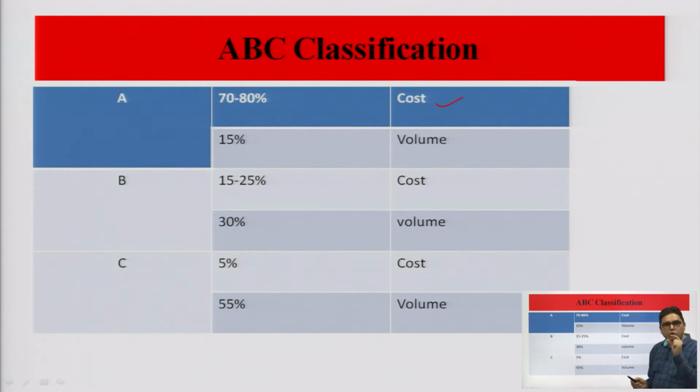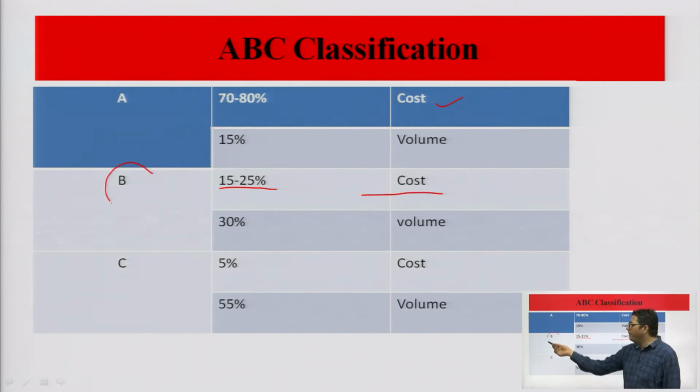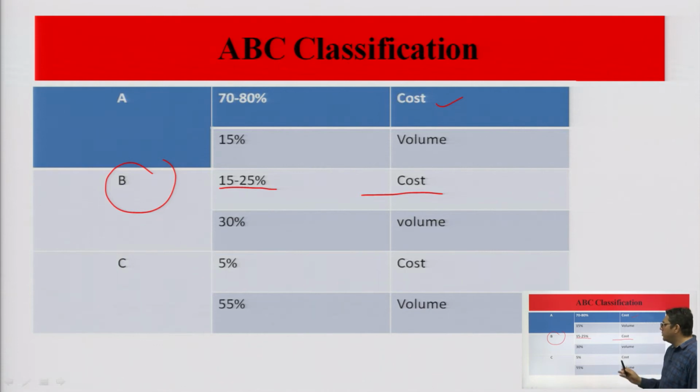I mean to say, those items which cater to 70 to 80% of the cost can be classified as item A. Now, those items whose cost falls in the bracket of 15 to 25% can be classified as item B, and those items which cater to only 5% of the overall cost can be classified as item C.